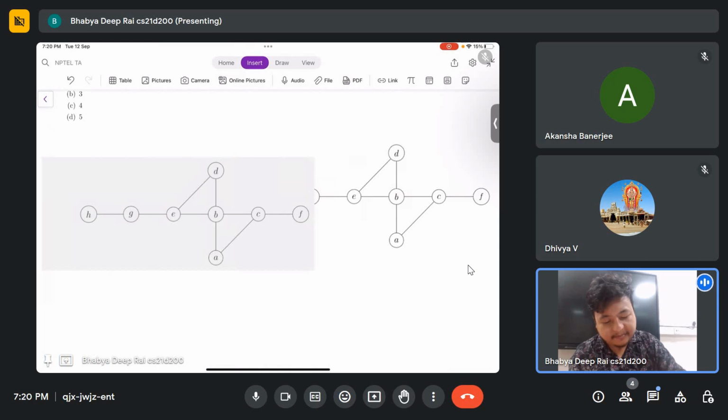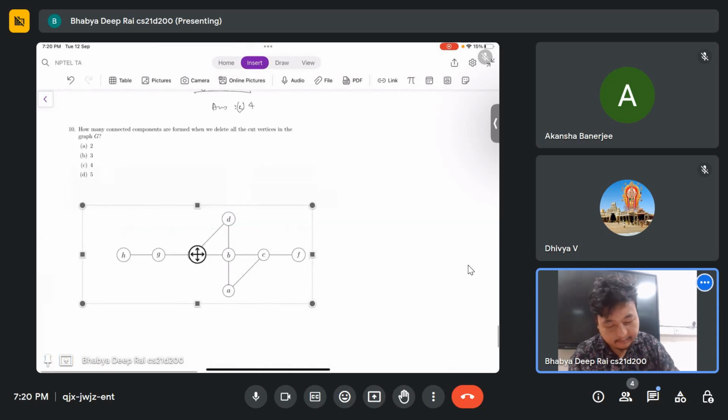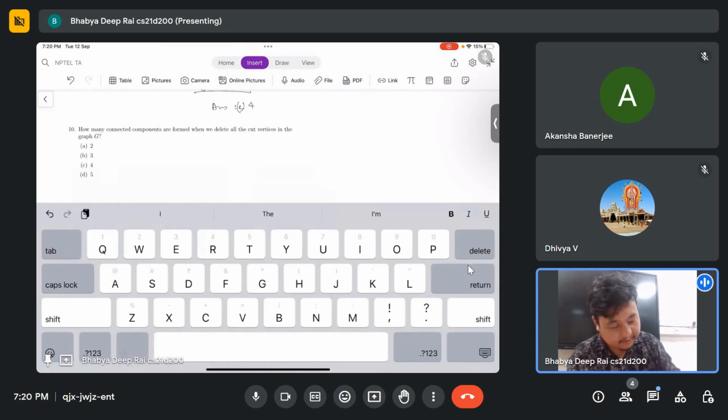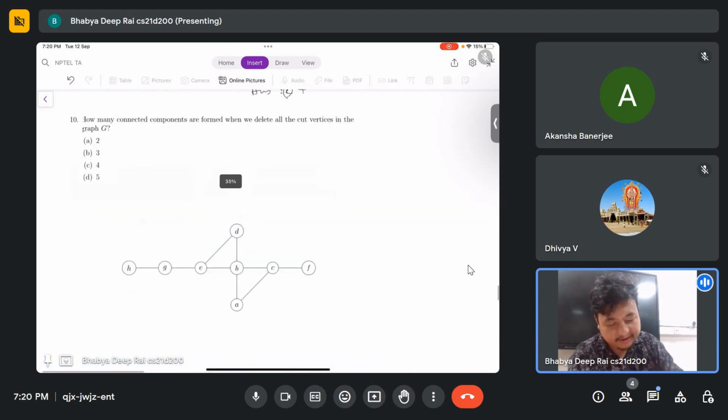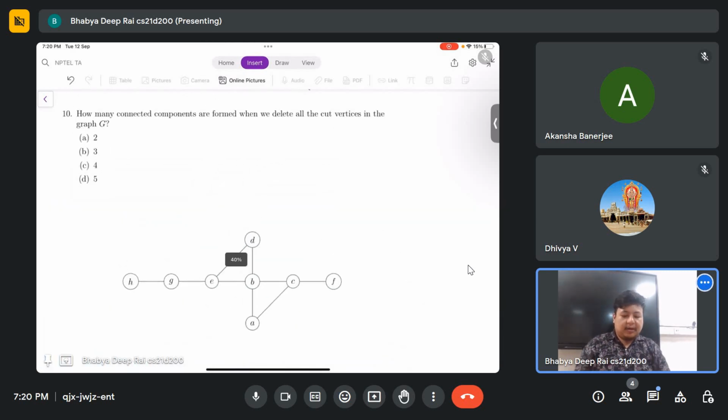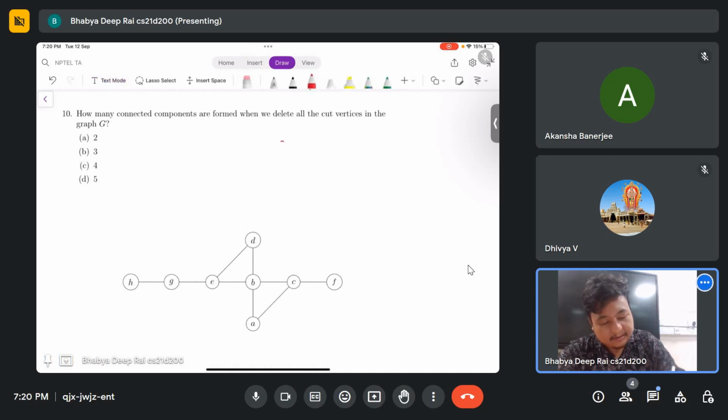Yeah, this is the graph. Please try this. What are the cut vertices in graph G? They are G, E, B, C. That is what we observed, right?